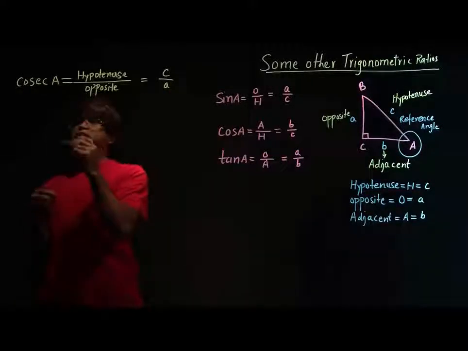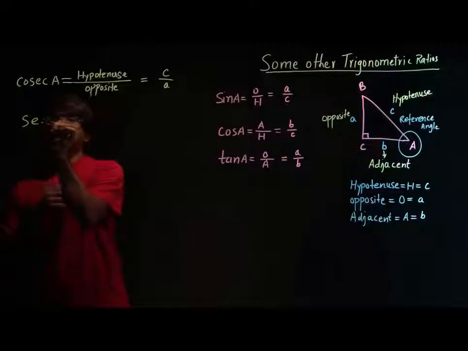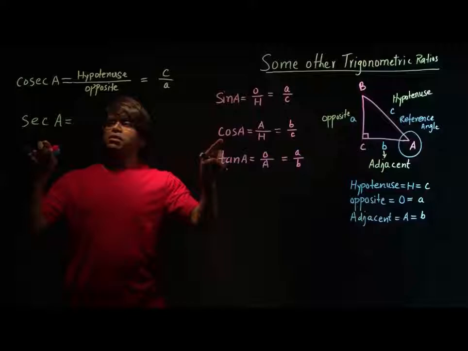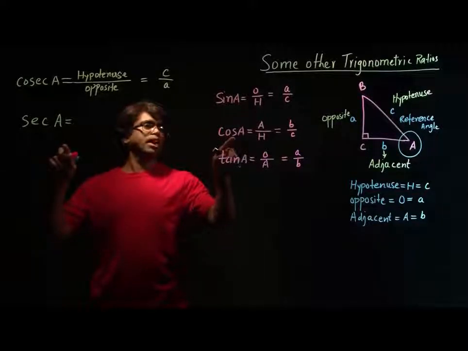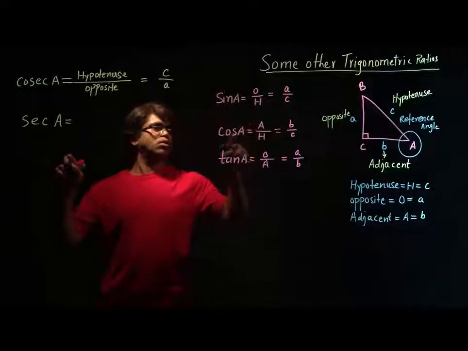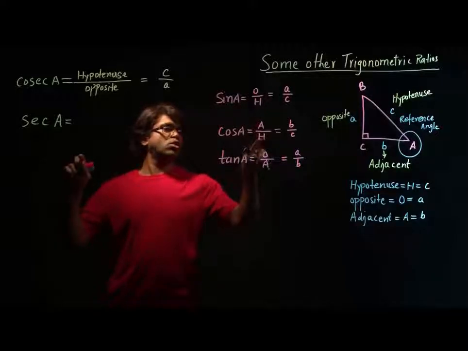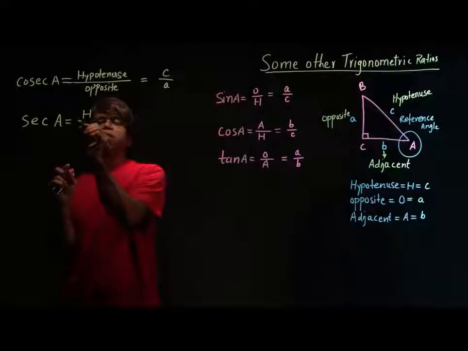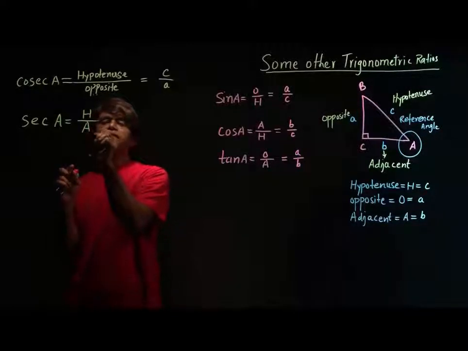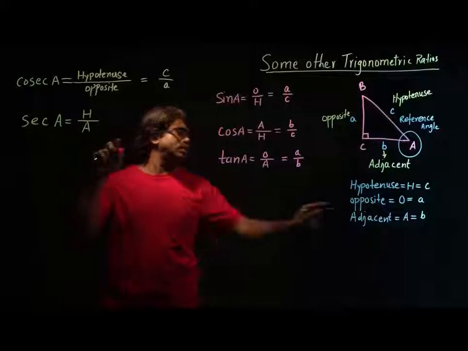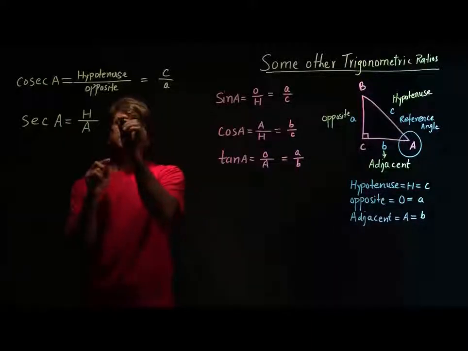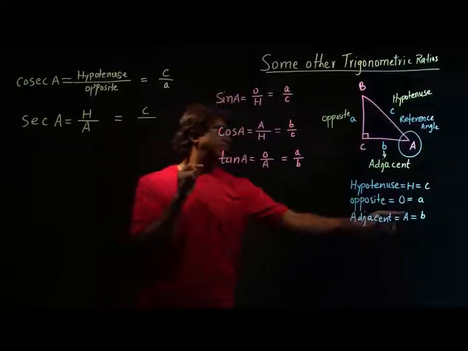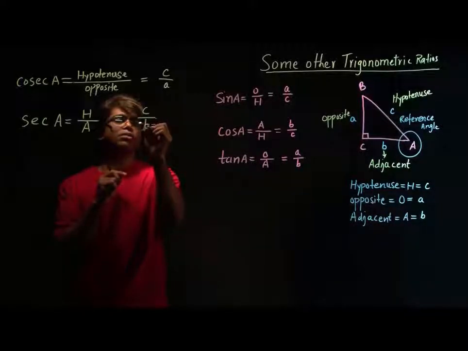The reciprocal of cosine is secant, so I will write sec of A. Secant is the reciprocal of cosine, which is adjacent over hypotenuse, so it will be hypotenuse over adjacent, which is c over b.